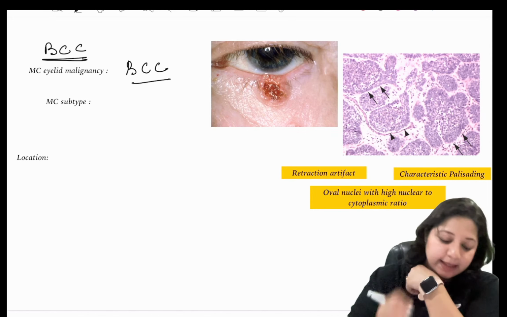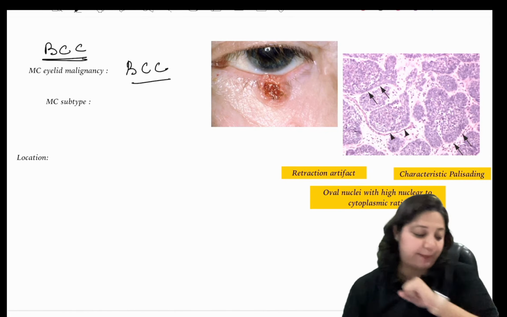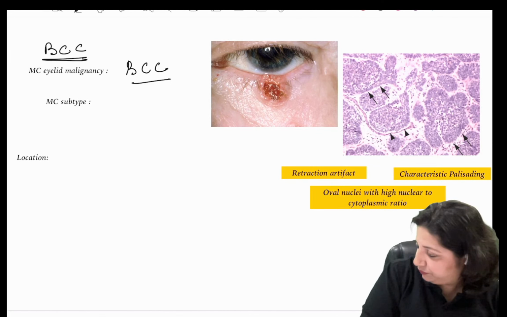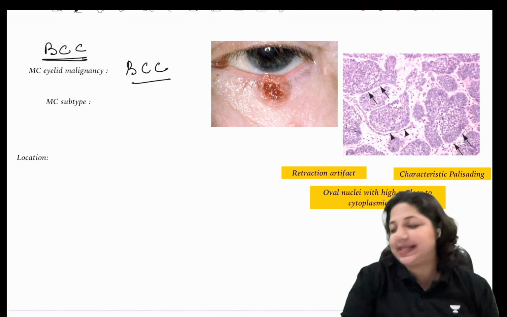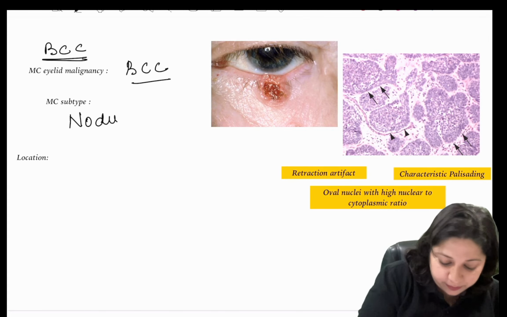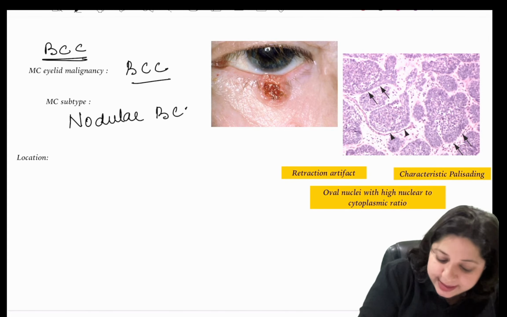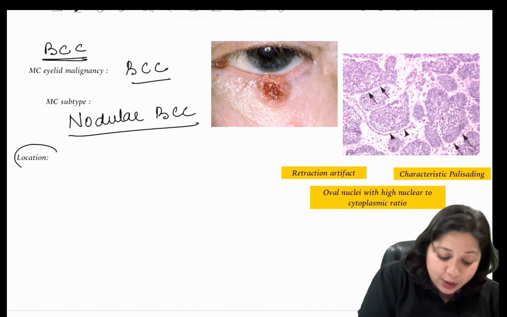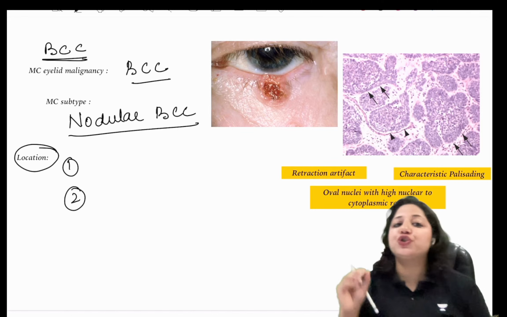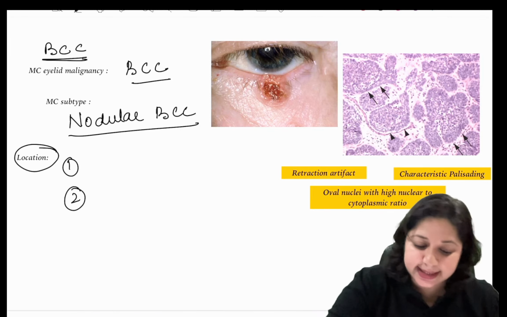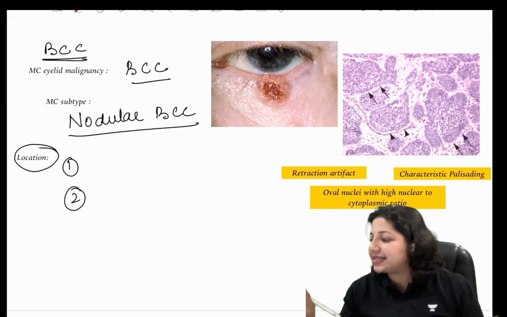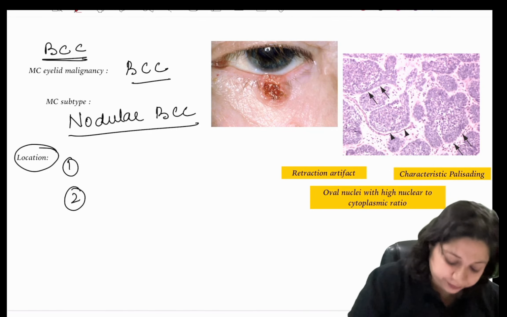You say, all right. What is the most common subtype of BCC? It is nodular basal cell carcinoma. And what is the location? Most common location for BCC is?